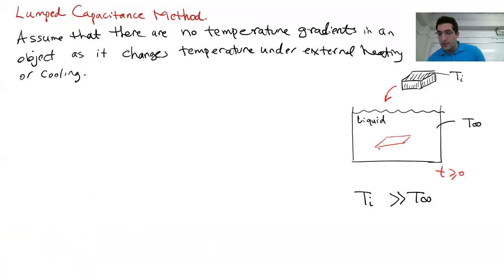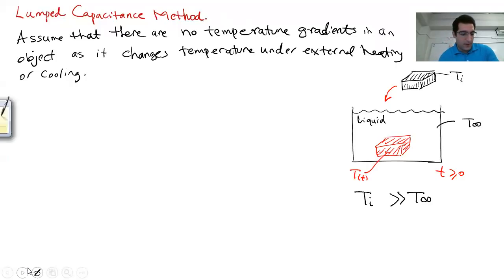And we're going to monitor the temperature change inside the block, which was initially at Ti and then is going to be at temperature T, and T is a function of time. So depending on what time, that T can be different. I show it as T of lowercase t.